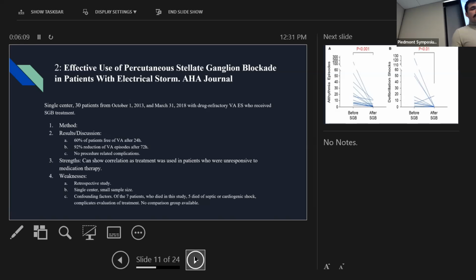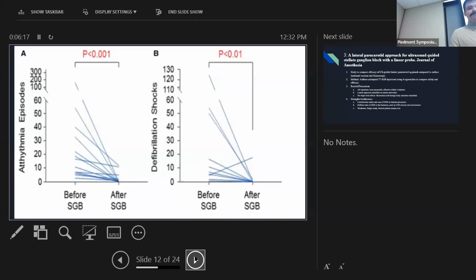Something I thought was important about this study too is that they found no procedural related complications from this procedure. So that's a safety point to compare to our other treatments. They also included a table that's similar to the previous one, showing the dramatic decrease in the number of arrhythmic episodes per day and the number of defibrillator shocks required per day.